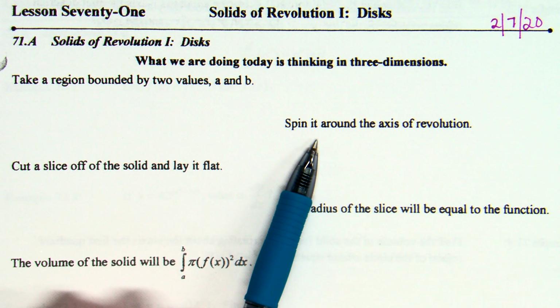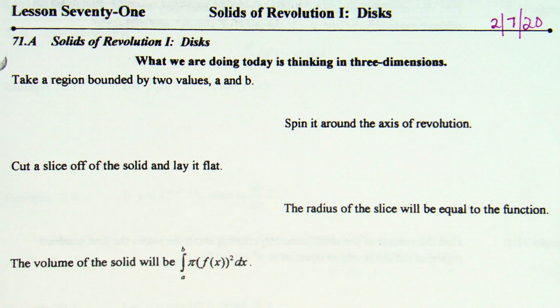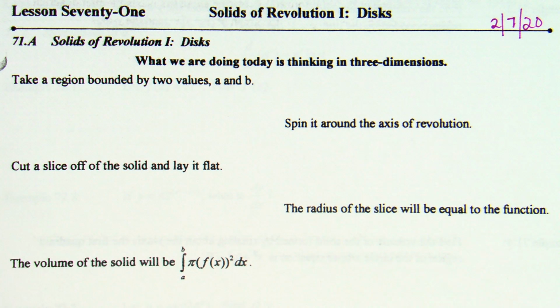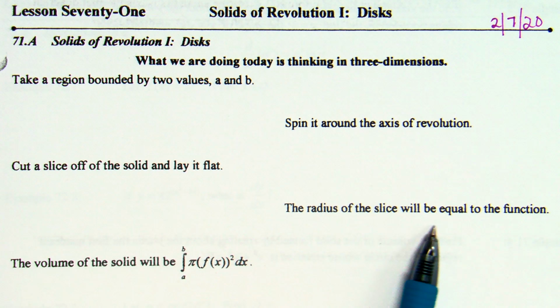The idea to find the volume is that you cut a slice off of the solid, lay it flat, and basically we're finding the area of that slice. The radius of that slice will be equal to the function.